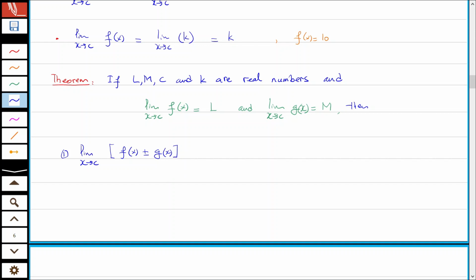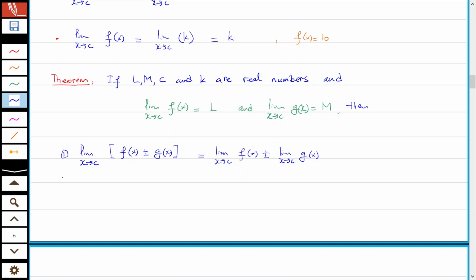I'm adding two functions together or subtracting, and I'm taking the limit. This equals the limit as x approaches c of f of x plus or minus the limit as x approaches c of g of x. Or in other words, we can say that the limit of the sum or difference of the two functions equals the sum or difference of the limits of both the functions.